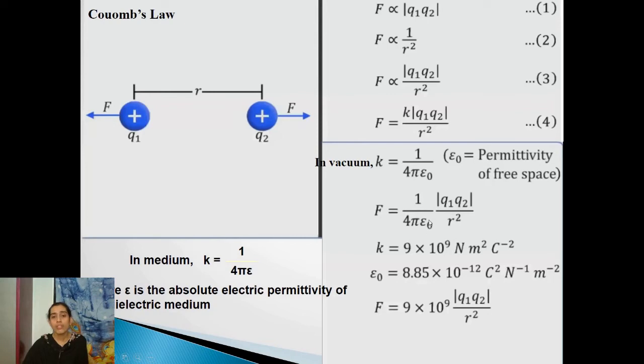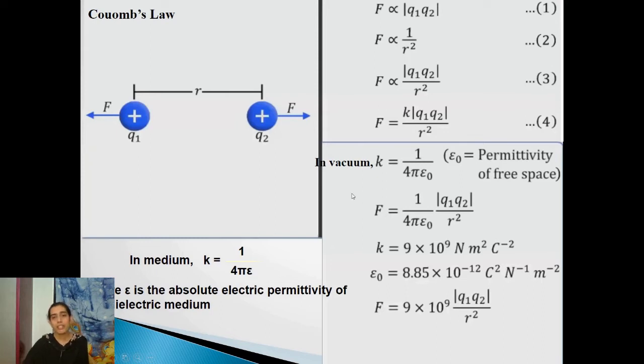So instead of writing this whole term, you can replace 1 by 4 pi epsilon naught by 9 into 10 to the power of 9. So F equals 9 into 10 to the power of 9 Q1 Q2 divided by r square.